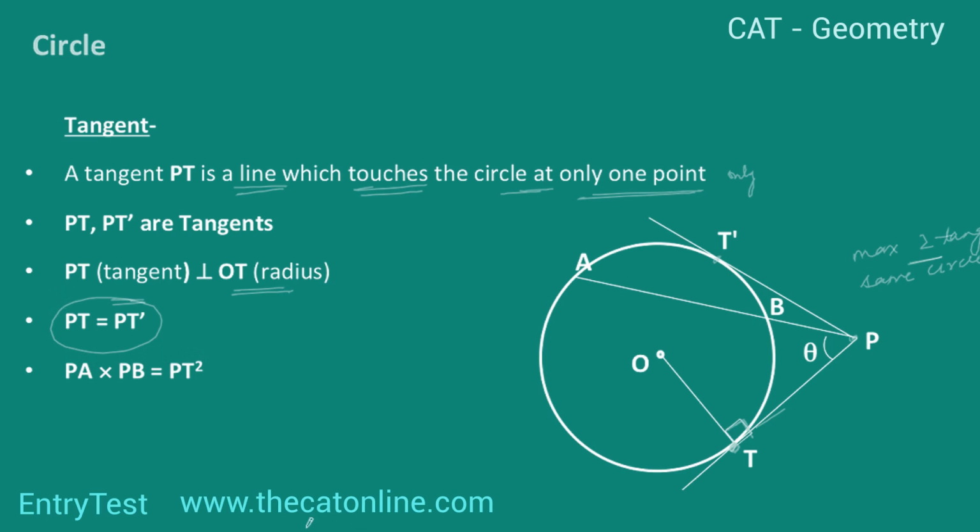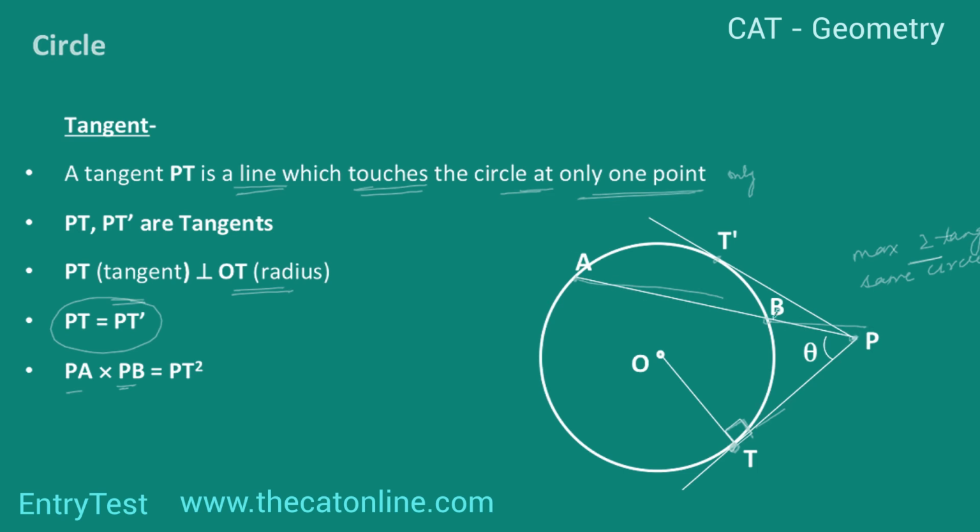The third thing that I need to remember is PA into PB is equal to PT square. Now what is PA and what is PB? AB is the chord of the circle, which when extended intersects at P. Then PA is known as the secant of the circle.